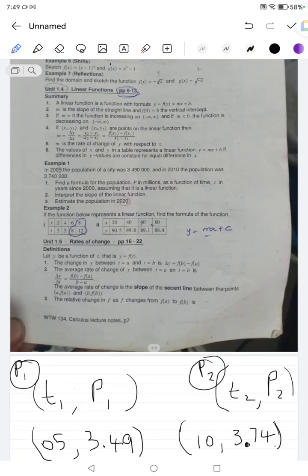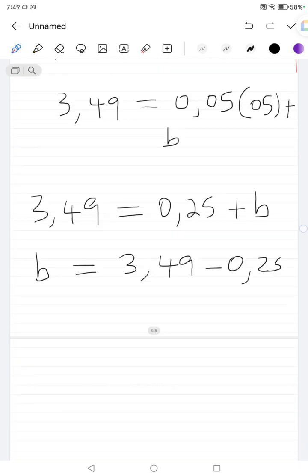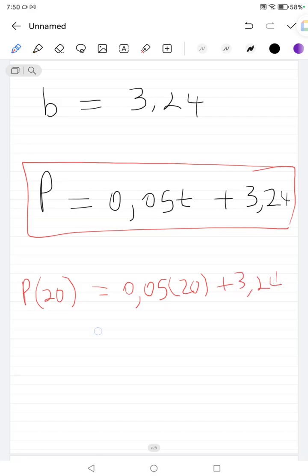Then they say estimate the population in 2020. Here you only have to consider the last two digits, which is 20. Then you go to your function to find the population in 2020. You have 0.05 times 20 plus 3.24.